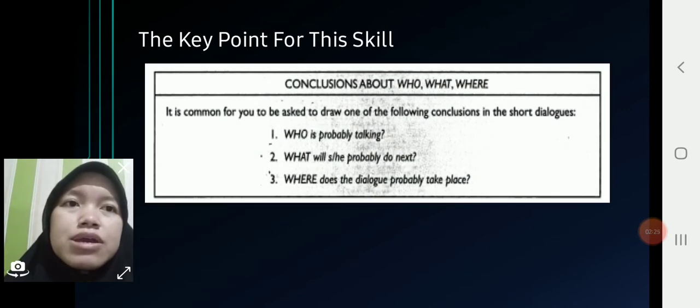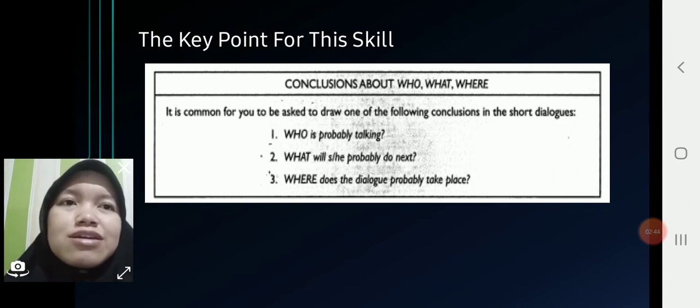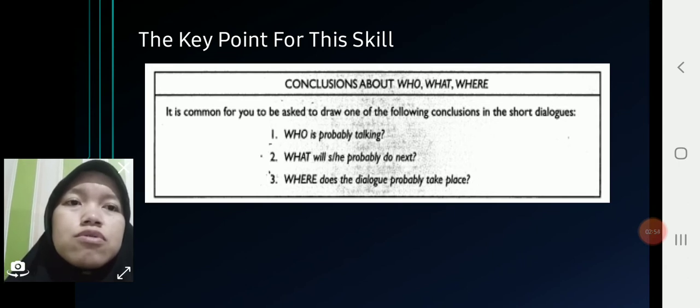Here is the key point for this skill. If you get questions about who, what, and where, this is the indicator. If you are tested about who, what, and where, it's common for you to be asked one of the following questions about a short dialogue.